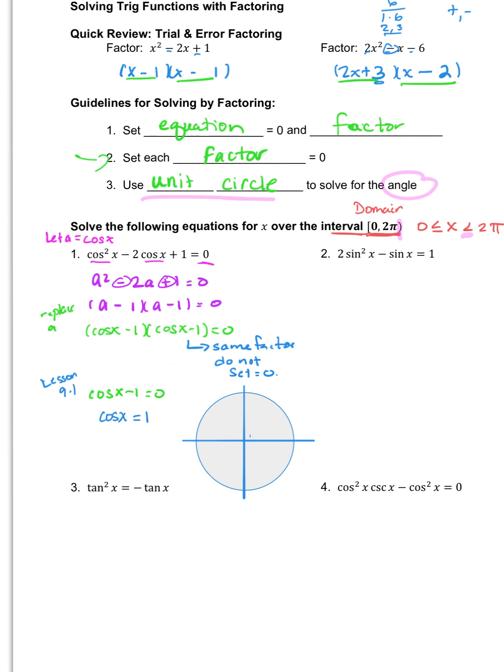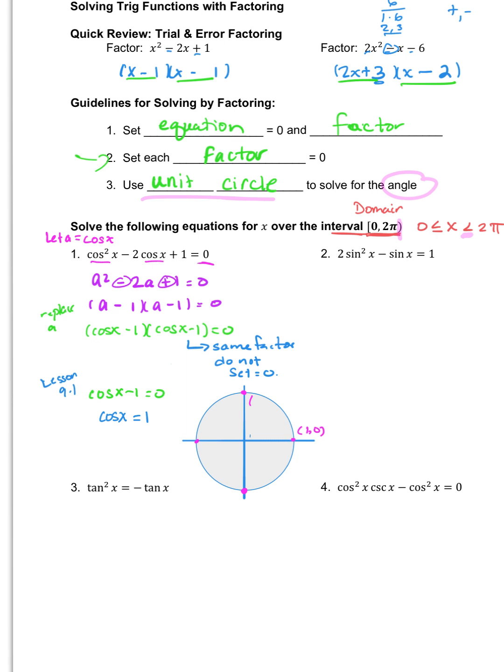Okay, so here's, I'm going to think of the unit circle. Remember, we take the cosine of an angle, where is that equal to 1? And these are the ones we talked about before that are the quadrantal angles on this part of our unit circle. And again, you know this is 1 comma 0.